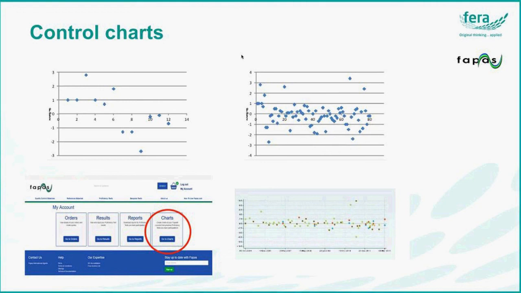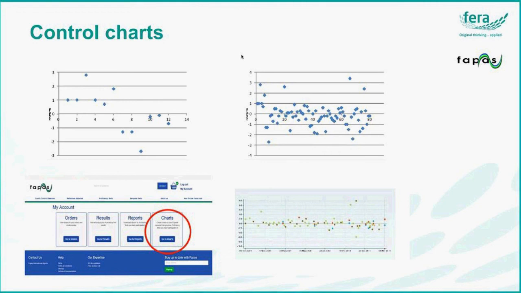We make this easy for you. On the secure pages on your login, there is a button called Charts. You can use this to filter all your historic results for about the last 10 or 14 years, depending on how long you've been taking part, and it will produce a chart online for your purposes.